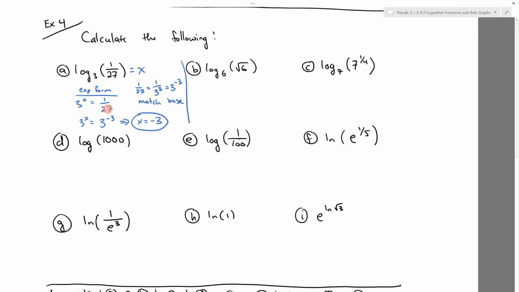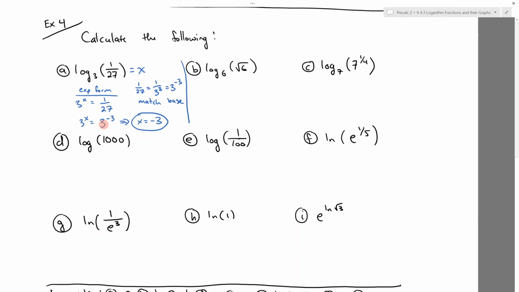Okay, so you have to think that 27 is the same as 3 to the third power. And because the 3 to the third power is in the bottom, you can think of it as being 3 to the minus 3 power. Right, so 1 over 27 is the same thing as 3 to the minus 3 power.